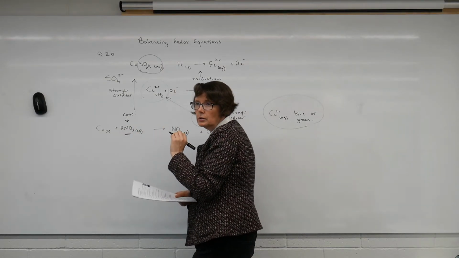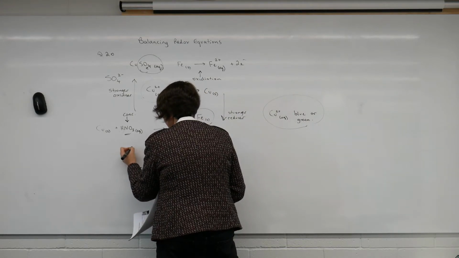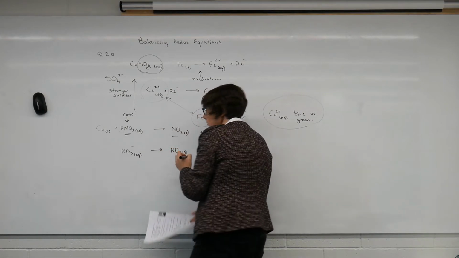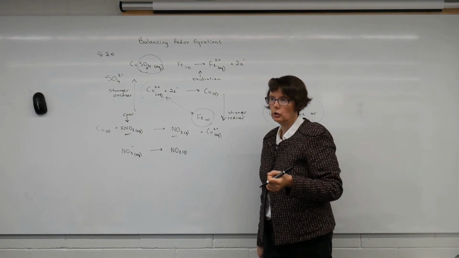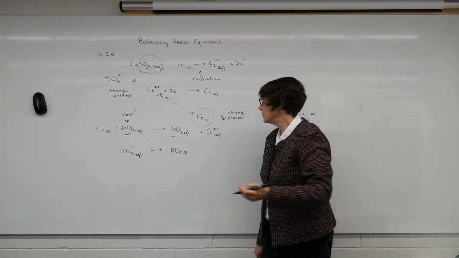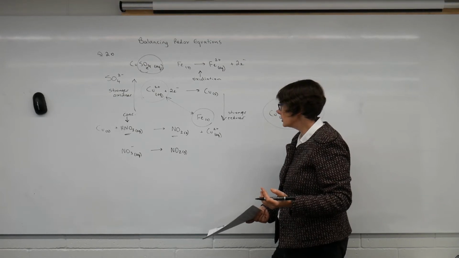I'm only going to use the nitrate ion to balance it. Do you remember the rule that we start out with the things that aren't oxygen and hydrogen, and we balance them first? But there's one nitrogen on either side of our arrow, and so that's already balanced.